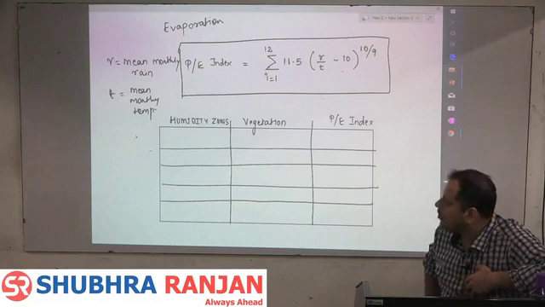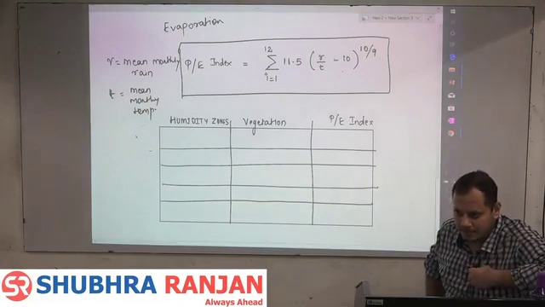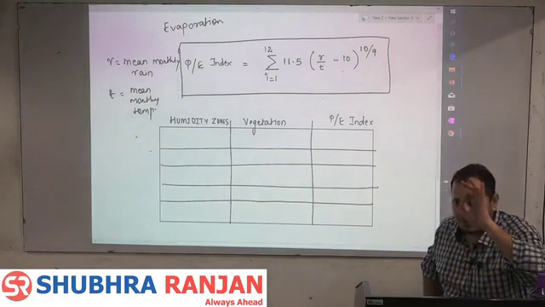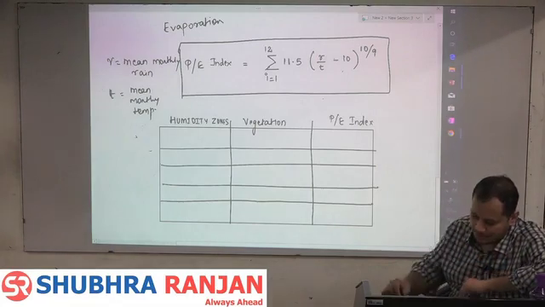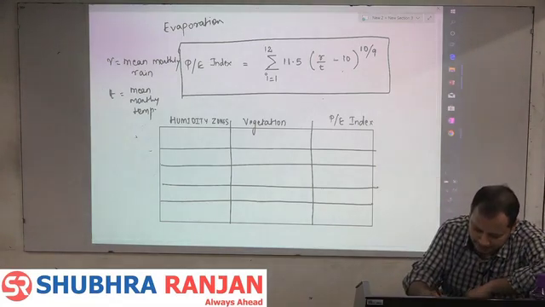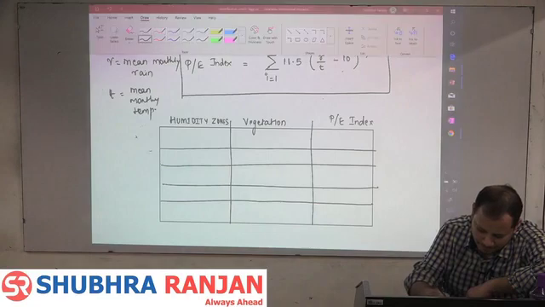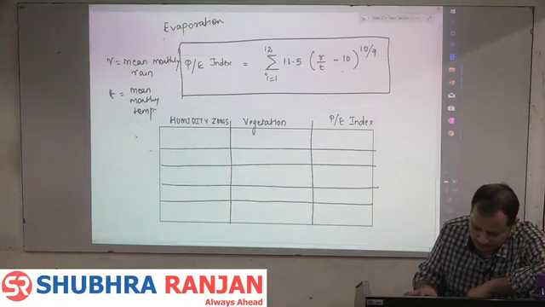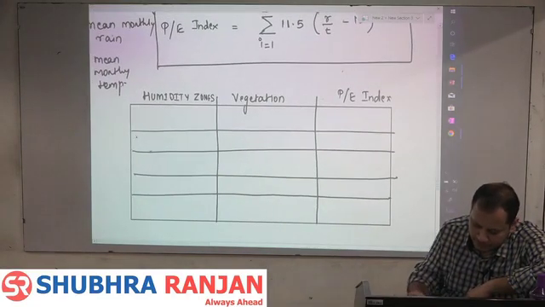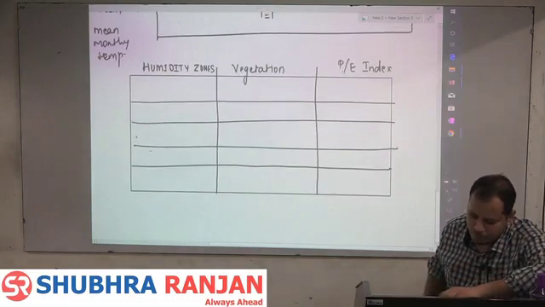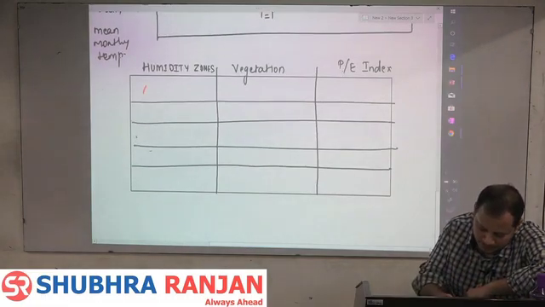Understanding? Precipitation upon evaporation. Based on this, he identified 5 humidity provinces.